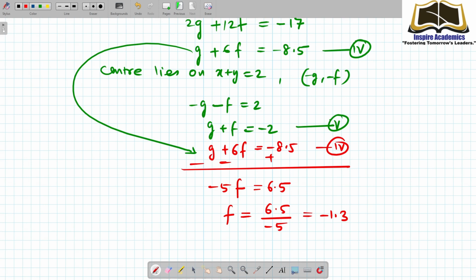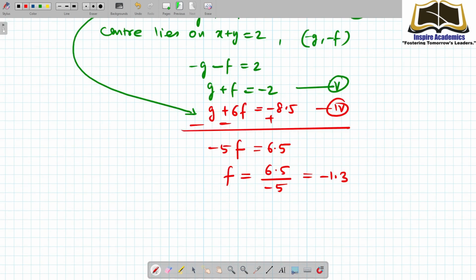And then let's put the value of f here in this equation. We get g plus minus 1.3 equal to negative 2. So g would be negative 2 plus 1.3, as negative 0.7.